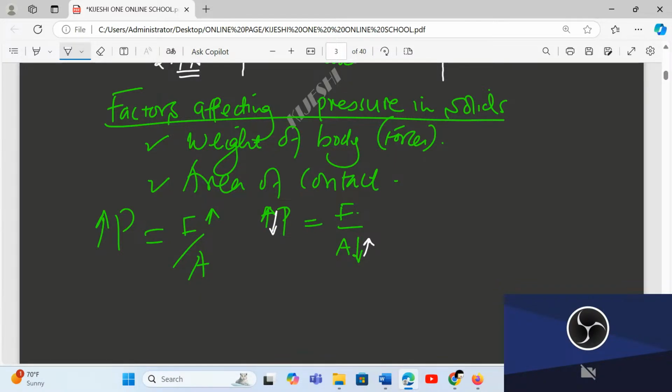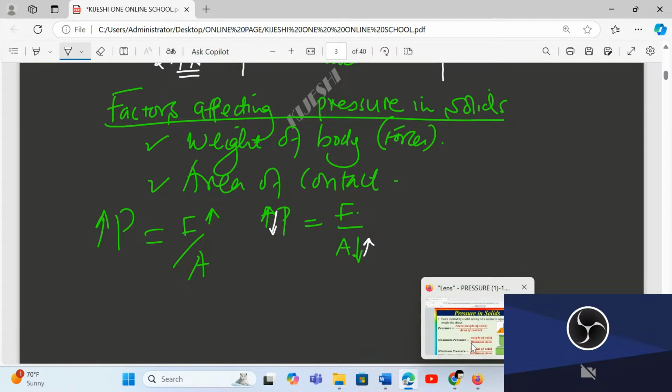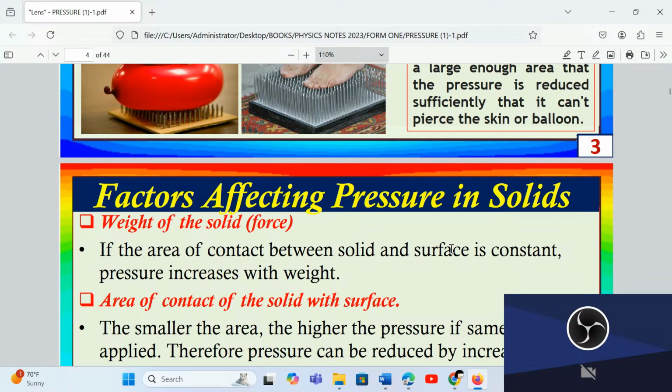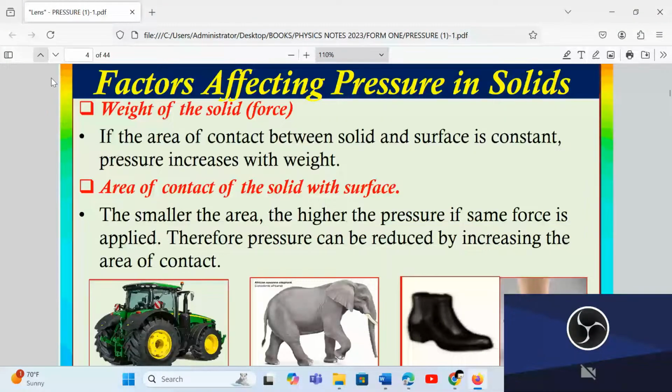We can have a special view of how this one affects. We have the weight of the solid.